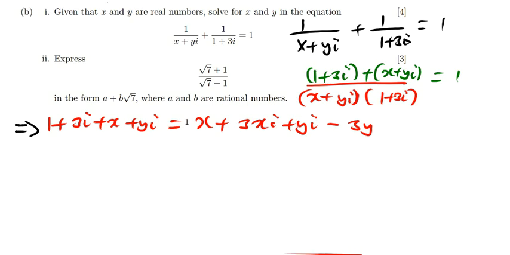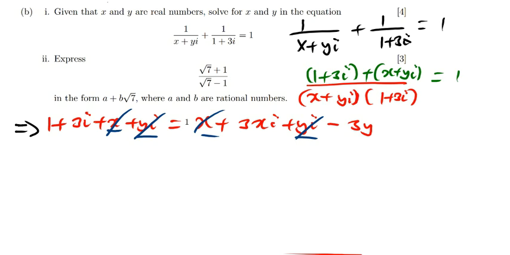So we continue from there. I can clearly see that on the left hand side I have got x, right hand side I've got x, so I can cancel those two. What else can we see? I've got yi, even here yi, these two can also go.